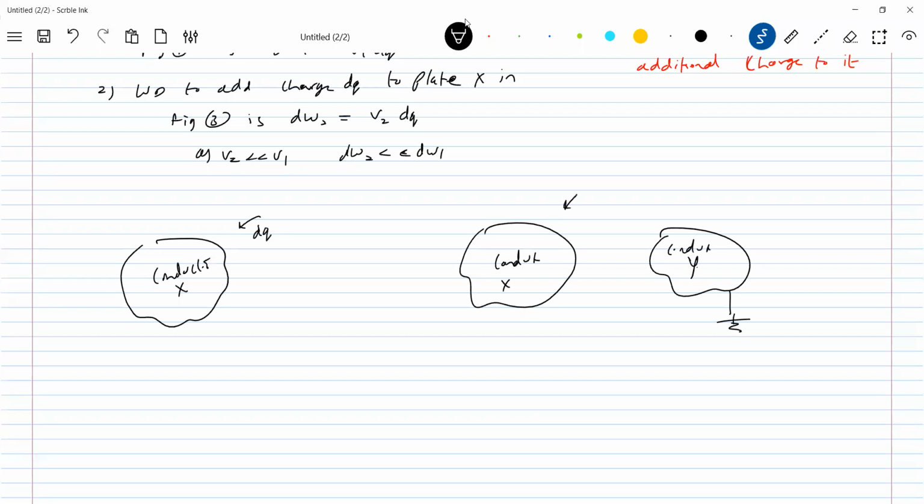Now what happens if I am adding a charge? I'll be doing less work. This is an isolated conductor, so here I have to do more work. What about in the second case? I'll be doing less work. The reason is that if a grounded conductor is kept nearby another conductor on which you are adding a charge, you have to do less work. So W2 will be very much less than W1.